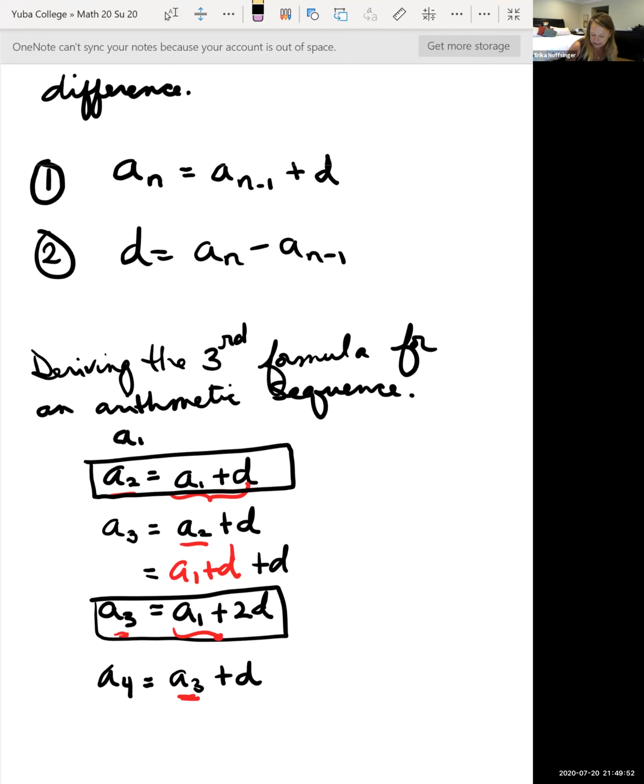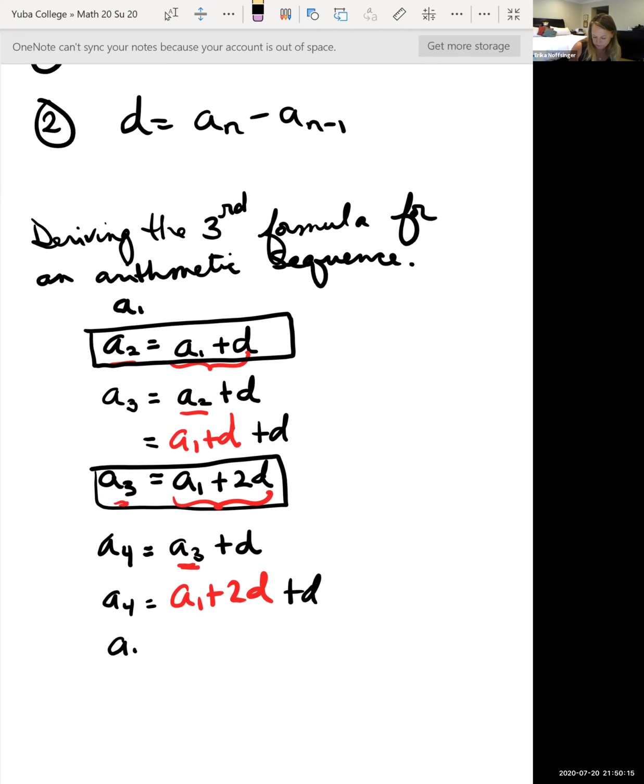A sub 3 is the same thing as a sub 1 plus 2d. And then let's bring down the other plus d, and combine like terms. So we have a sub 4 is equal to a sub 1 plus 2d plus d gives us 3d.